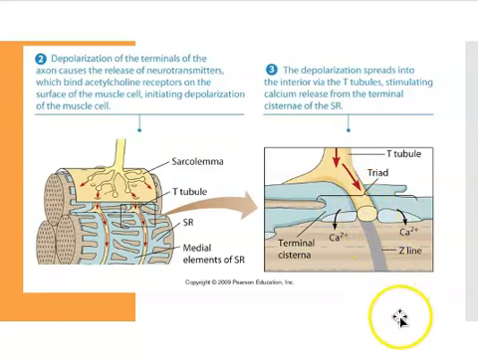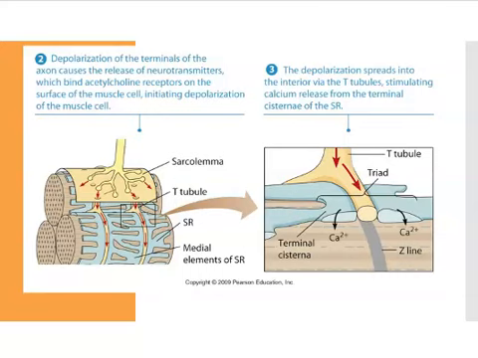That's not super important to remember, but it just shows you that these triads are positioned every so often so that each sarcomere gets flooded with calcium at about the same time. The calcium is going to bind to troponin, and that's going to move the tropomyosin out of the way and allow the myosin heads to bind so that contraction can occur.